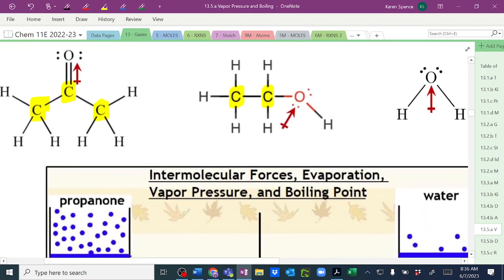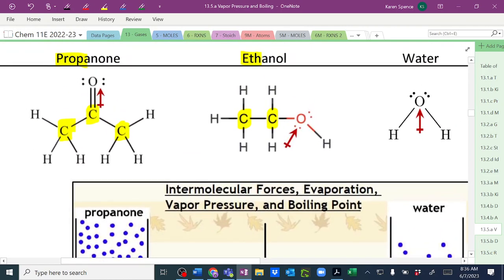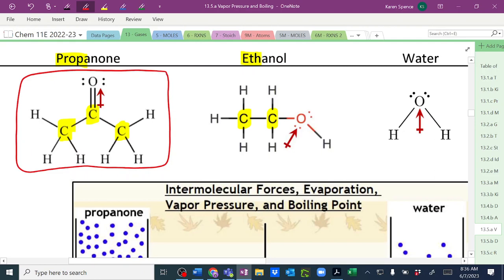What type of intermolecular forces will we find between propanone molecules? It's okay if you don't remember. Dipole-dipole, yes, because we have that oxygen.